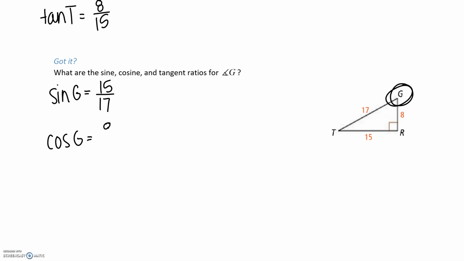So in this case, it's going to be 8 over our hypotenuse, which is 17. And our tangent of G is going to be our opposite, which is 15, over our adjacent, which is 8. Okay, so writing those ratios should be easy when we're using our SOHCAHTOA. So sine is opposite over hypotenuse. Cosine is adjacent over hypotenuse, and tangent is opposite over adjacent.